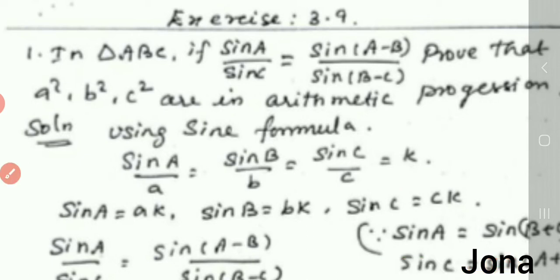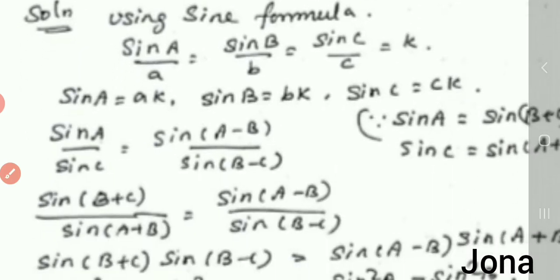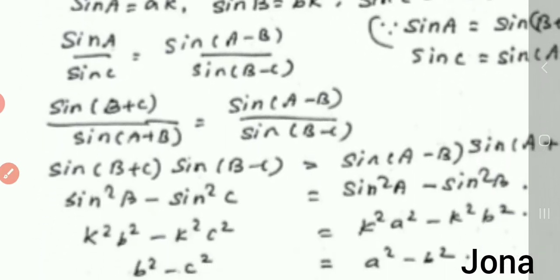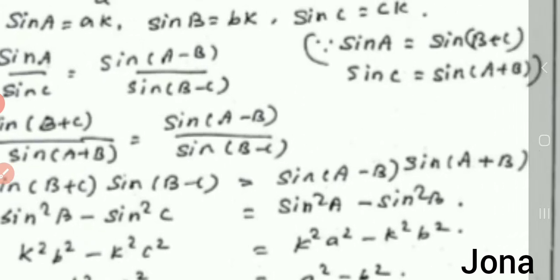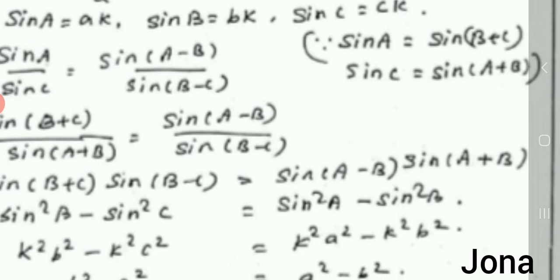From this, I want to take the given. What is the given thing here? Sin A by sin C equals sin of (A minus B) by sin of (B minus C). Here we can take sin A equal to sin of (B plus C).